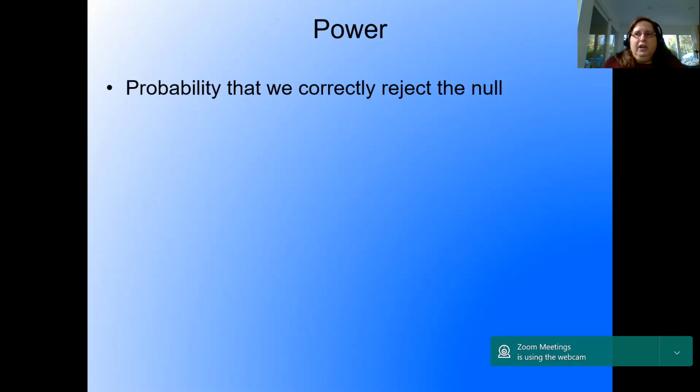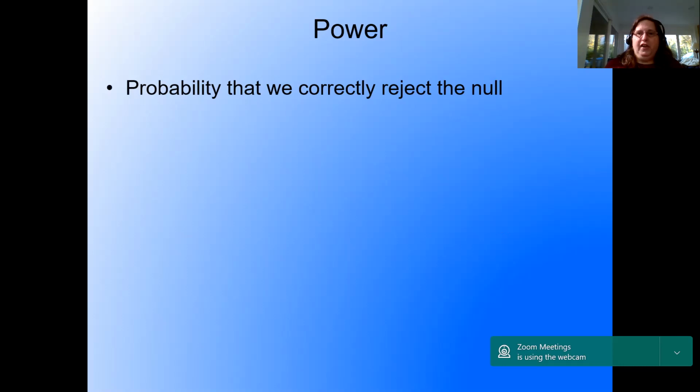So what is power again? It's the probability that we correctly reject the null hypothesis. And how do we increase power? Remember, there are three ways. We can increase the effect size, which is hard to do.